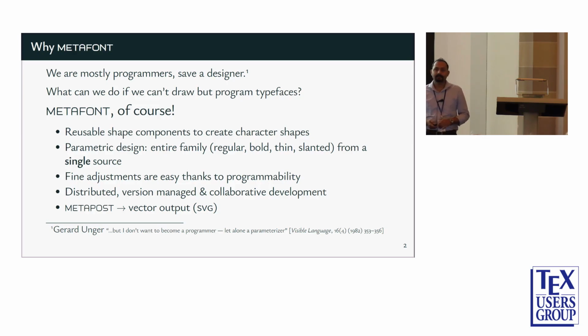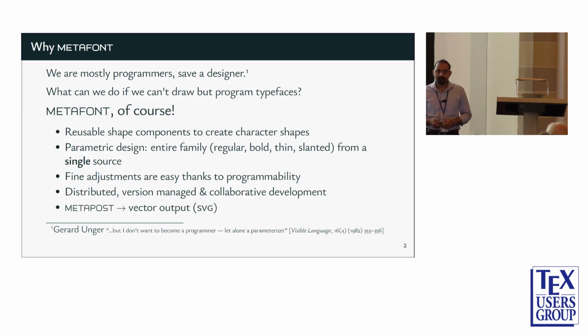And very fine adjustments to the glyph shapes and curvatures are much easier because it's just some values that you can adjust, rather than trying to adjust in the graphical software tools. Plus, the source is plain text, which means that we can have distributed and collaborated development, and we use Git for the version tracking.